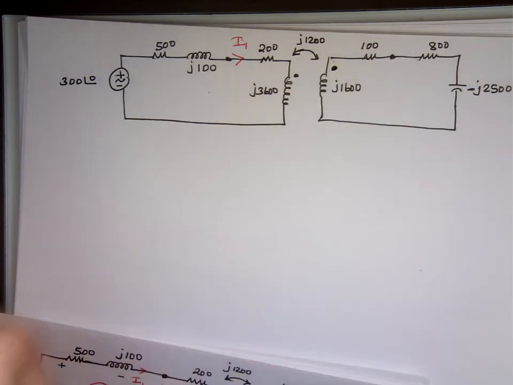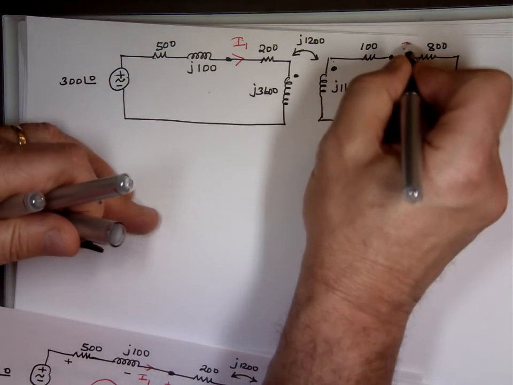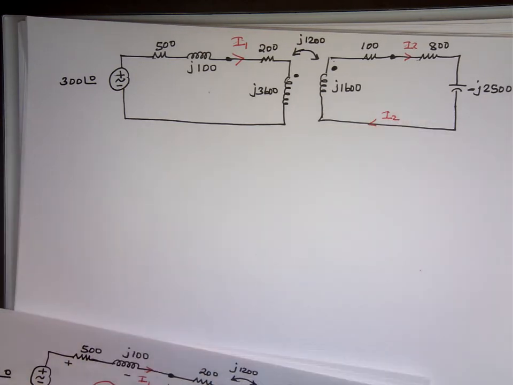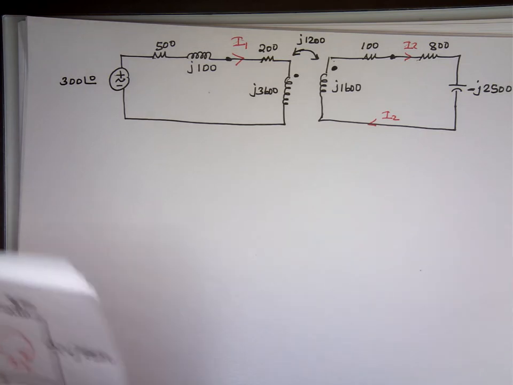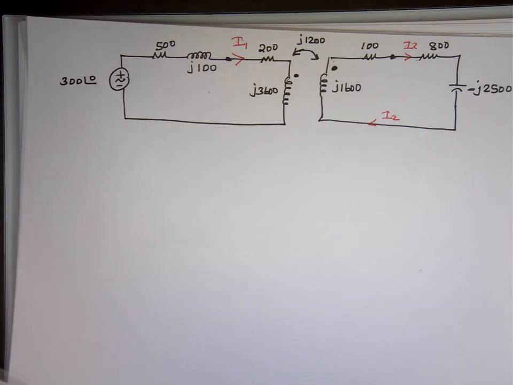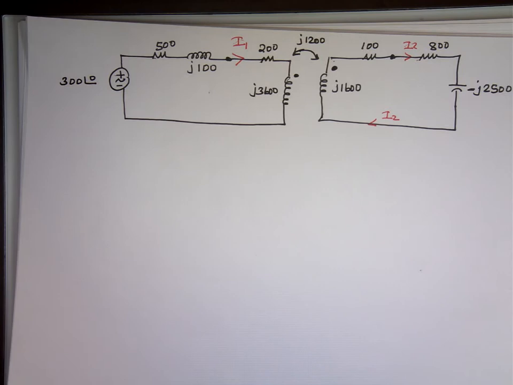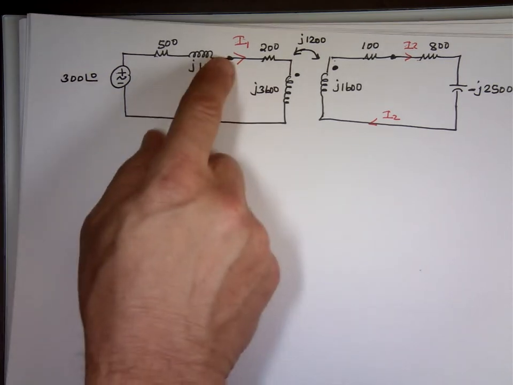I sub 2 is leaving the dot. We had it going to the right, so I sub 2 is going this way, which means entering the other end of it. So we have I sub 1 entering the dot, I sub 2 leaving the dot.